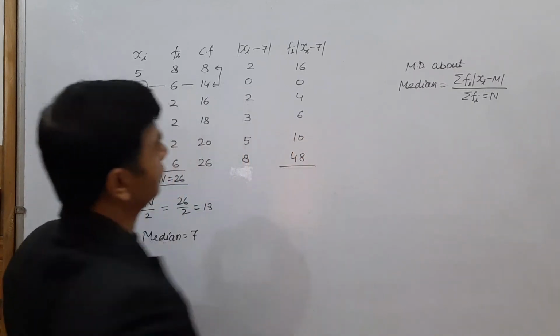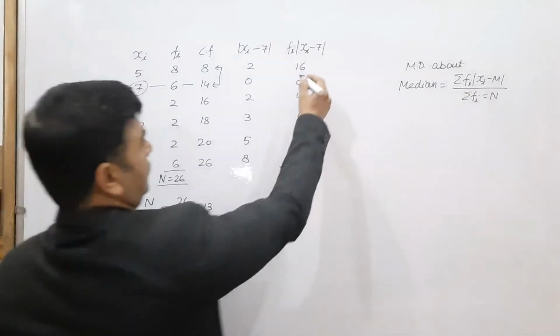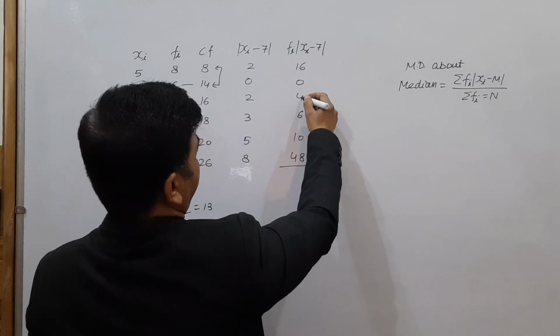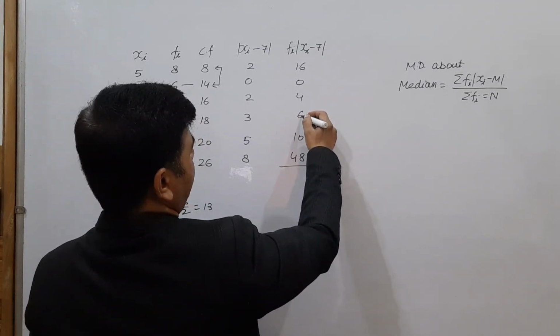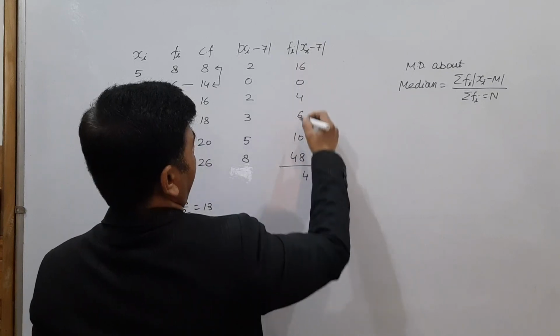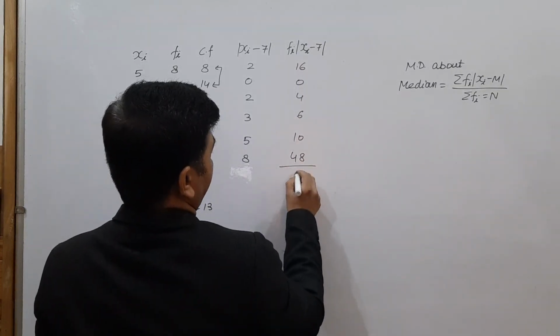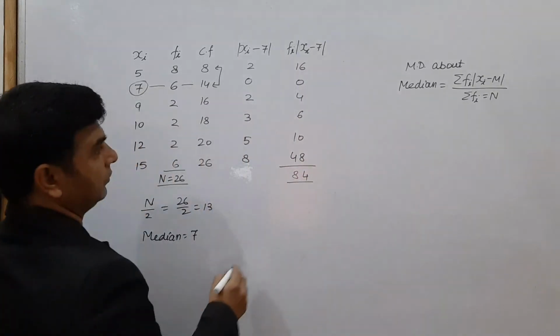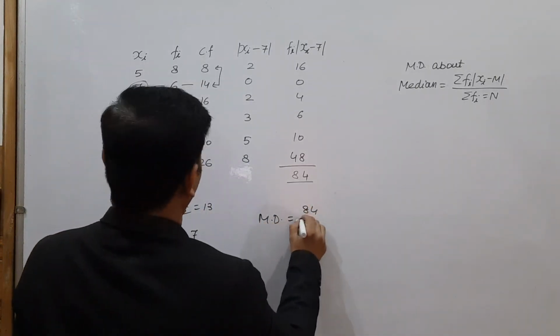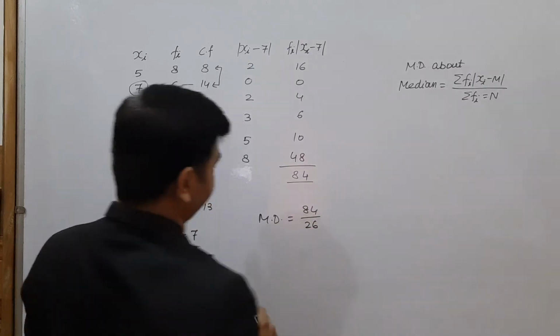Now sum all the terms: 6, 4, 10, 10 and 6, 16, 16 and 8 is 24, and the total is 84. So the mean deviation is given by 84 divided by 26.